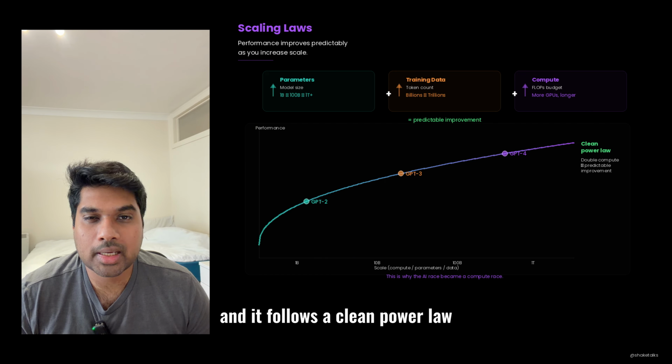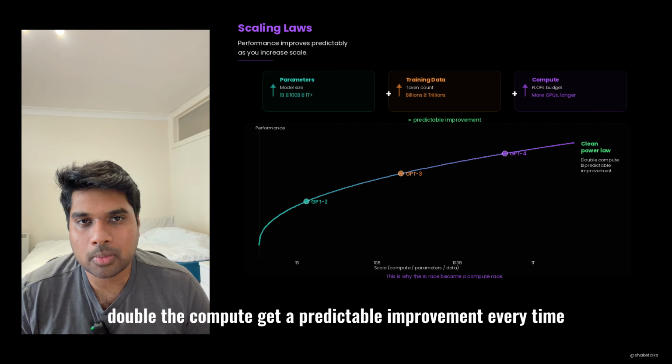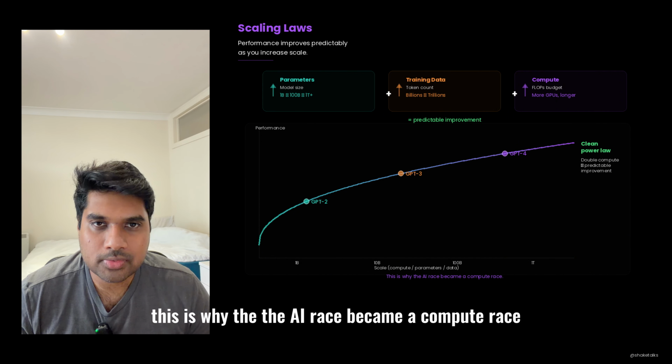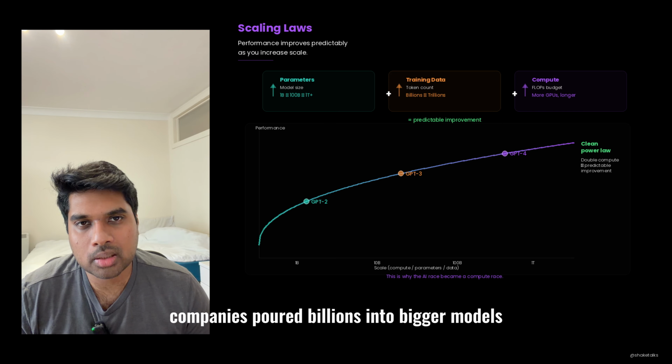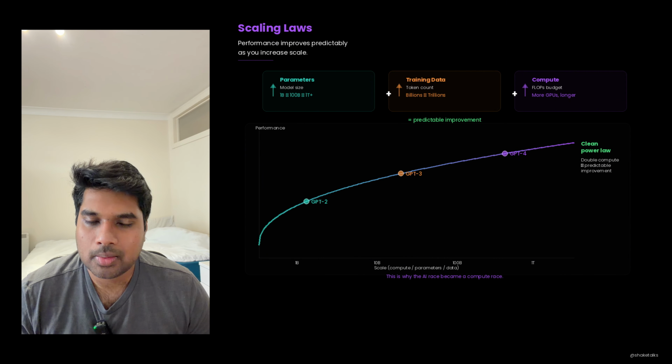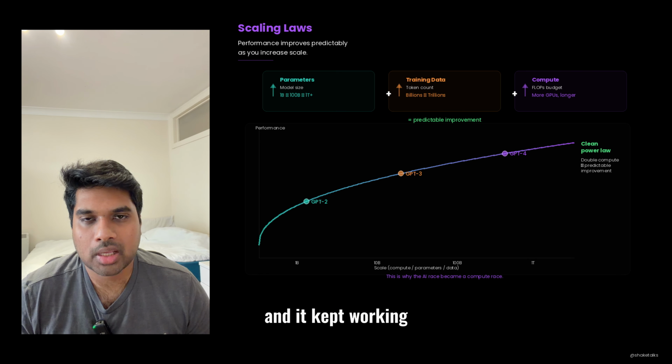And it follows a clean power law. Double the compute, get a predictable improvement every time. This is why the AI race became a compute race. Companies poured billions into bigger models, bigger clusters, more data, and it kept working.